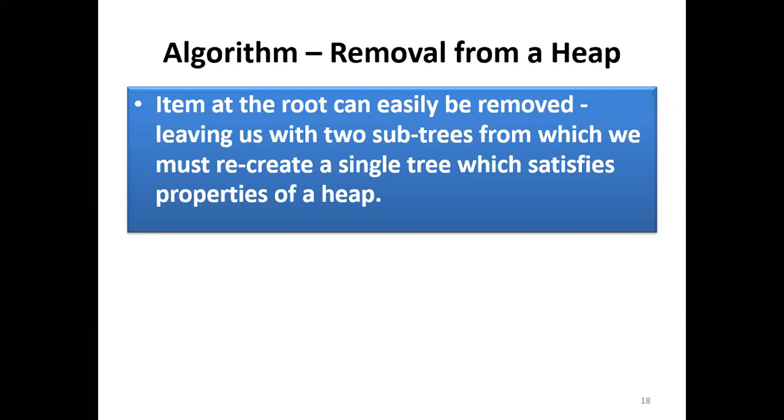Now, let's look at how we can remove an item from a heap. In order to remove an item, we have to find the item with the highest priority, and the item with the highest priority is always the item at the root node.